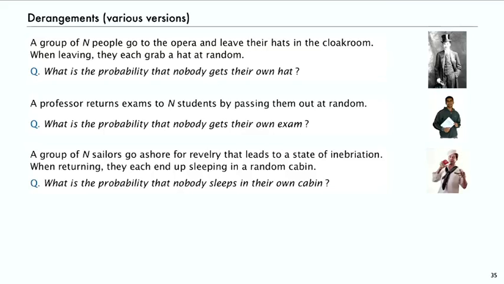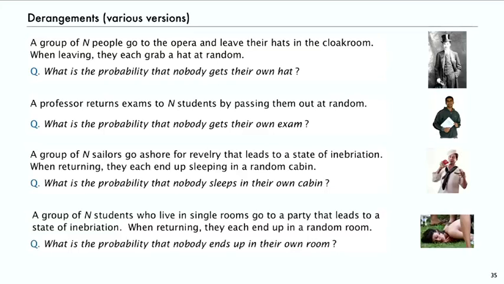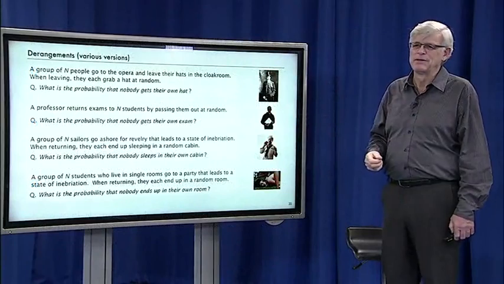You have a group of sailors that are a bit inebriated, and when they get back home, they wind up sleeping in a random cabin. What's the probability that nobody winds up in their own cabin? Or maybe more relevant to college students: N students who live in a single room, also in a state of inebriation. What's the probability that nobody ends up in their own room? That's all the same problem.